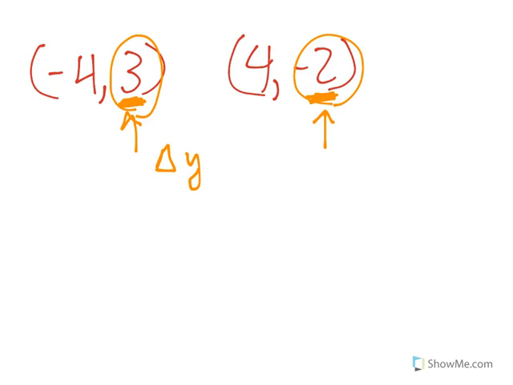So I figured out my change of y. The change in y, that's what this symbol means. This is actually called a delta symbol. Change in y. How do I find it? To find the change in something, the difference between the two, I subtract them. So I took my two y values and I subtracted. 3 minus -2, which is 5.